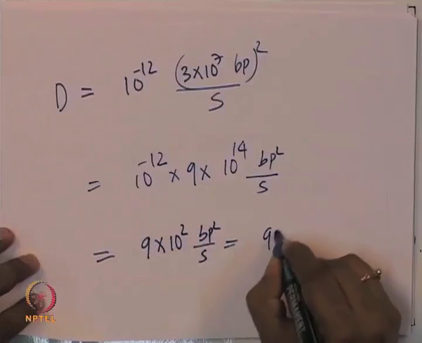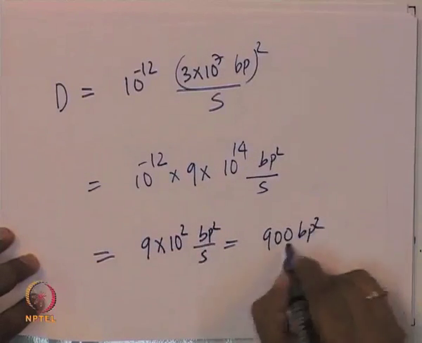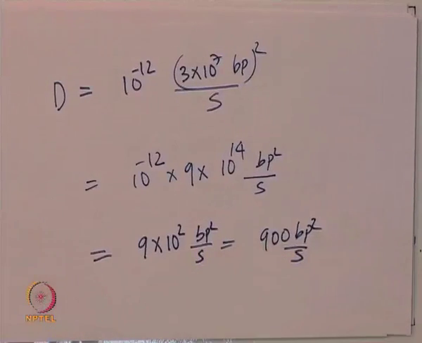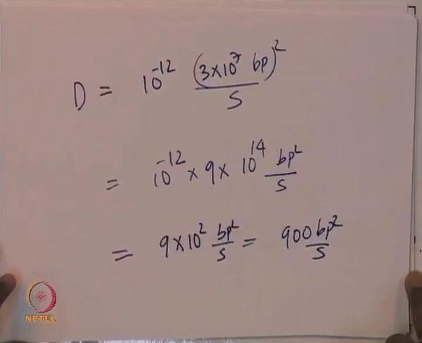This is about 900 base pair square per second, the typical diffusion coefficient of a protein, a non-specific protein going along non-specific sites of DNA. So, this is basically the answer.